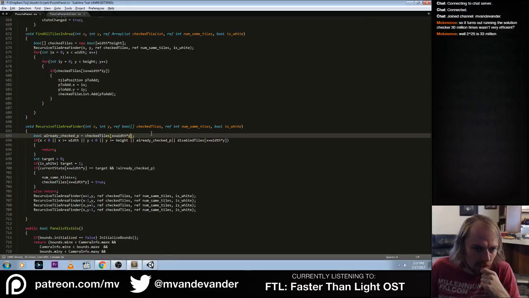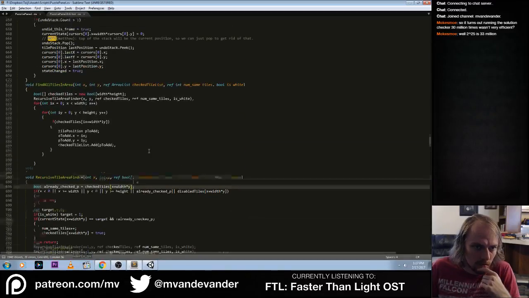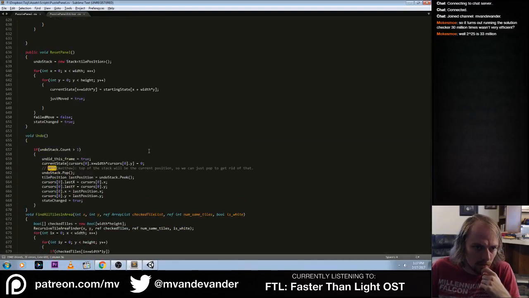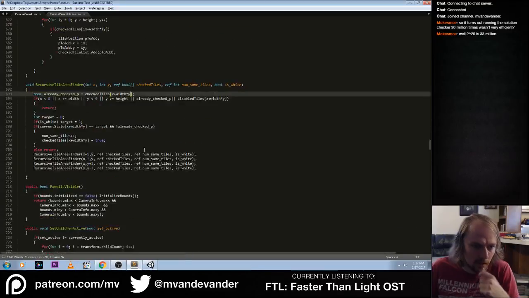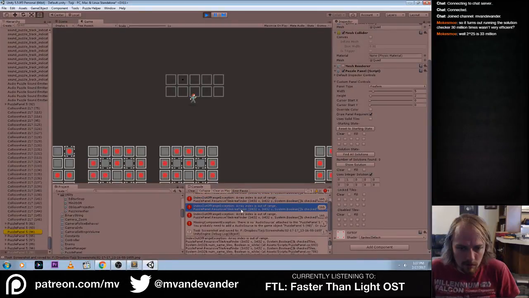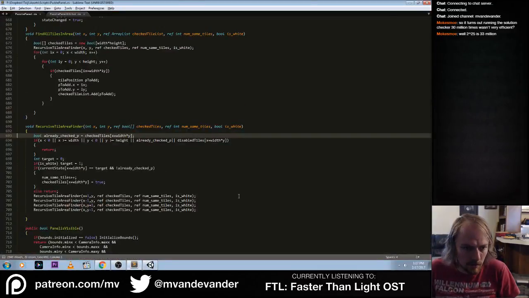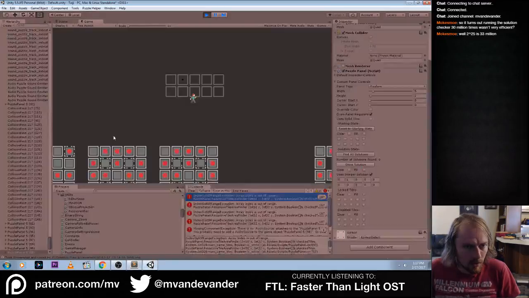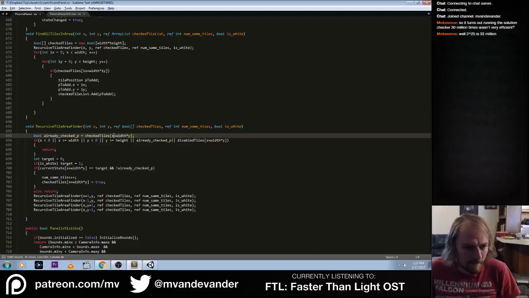So this must be, usually it's just X plus width times Y. Let me check the first thing here. Why is that out of range?